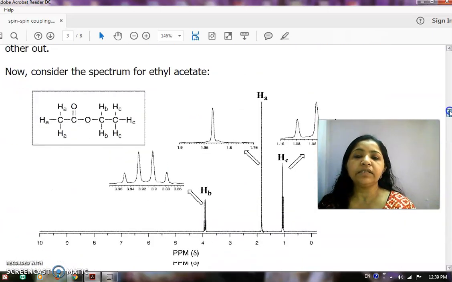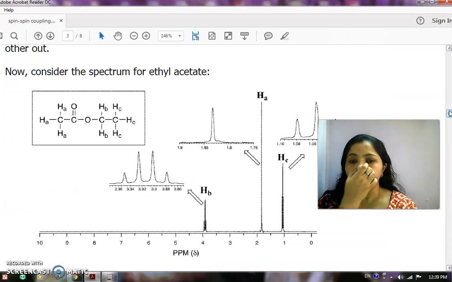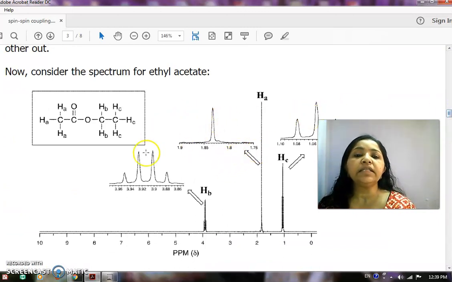This is where we have combinations and we can understand the environment. Supposing in this particular spectrum, what you see is, here it is a quadruplet, here it is a singlet, here it is a triplet.